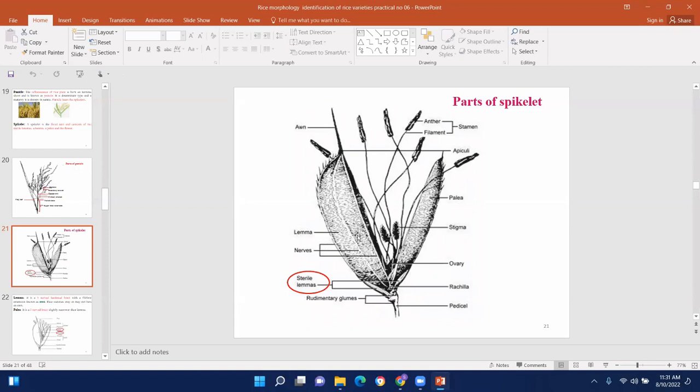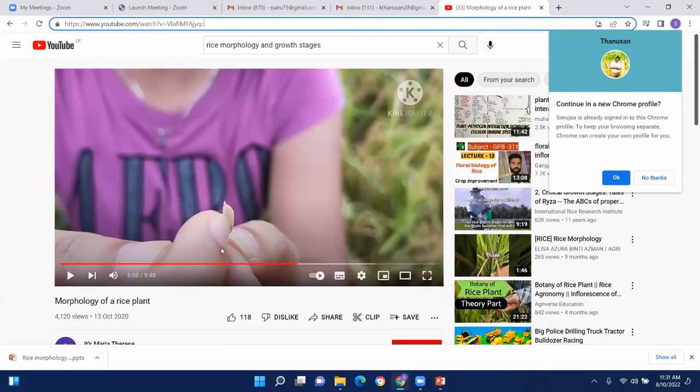Between the nerves, this is the stigma. When pollen reaches the stigma, it is called pollination. Normally this happens as self pollination. If it is supported by a human or any insect or anything, it is called cross pollination. Now I will show that video clip. Please look carefully.